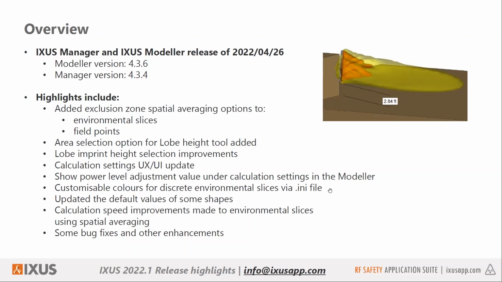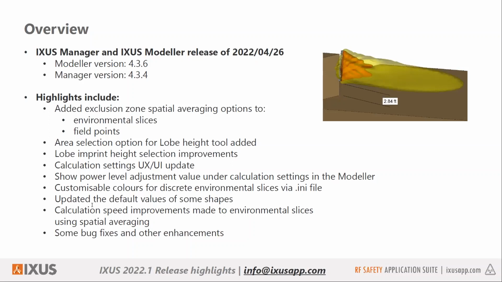Something that was inspired by users making use of discrete environmental slices is the fact that not all discrete environmental slice buckets or color groupings are according to their choice. So we just added an easy way for people to customize this now in our ini or settings file. And then we've added some smaller but important improvements.